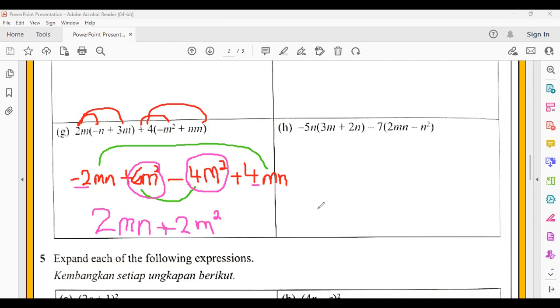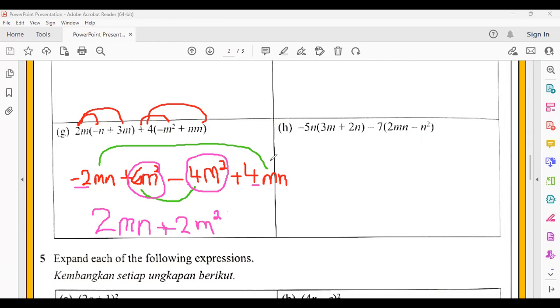So who got this answer? Yeah, we'll all get confused with the negative. That's the whole thing. They make your life complicated. Okay? So your negative knowledge has to be so good. Really good. So who got this? 2mn plus 2m squared. Gloria, almost there.